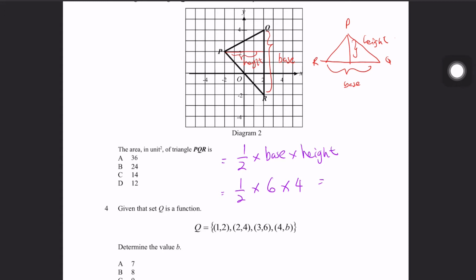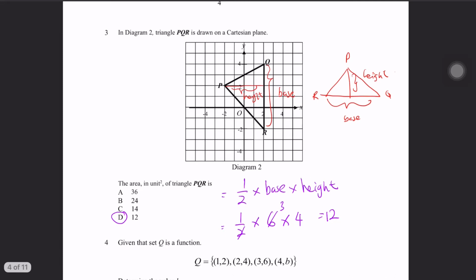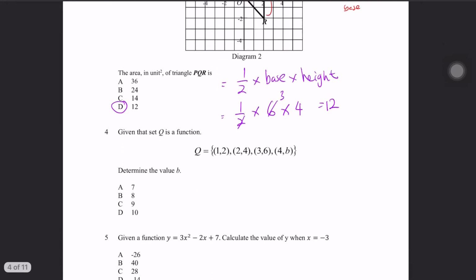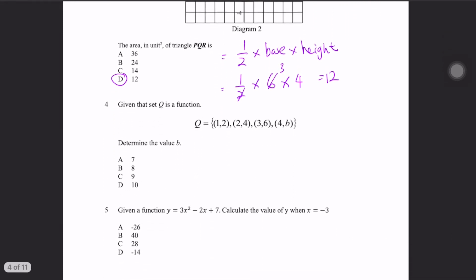So kita ada 3 times 4, 12. So our answer is D, 12 units. Boleh eh?